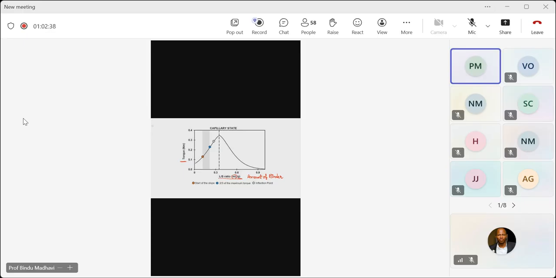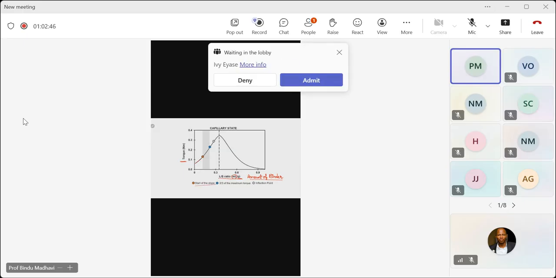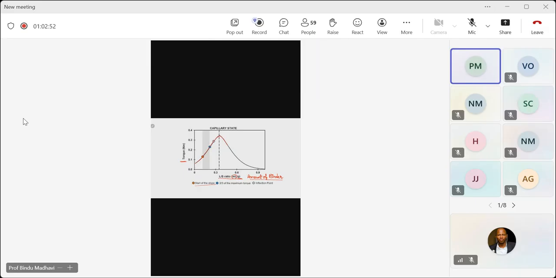So as we start adding the amount of binder, the torque is increasing. It is slowly increasing, then it reaches a maximum, and then it falls down again. You can see that. So these are the stages. The peak torque is present at the capillary stage.